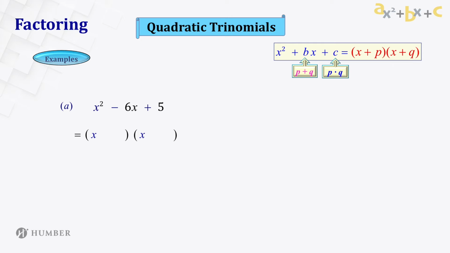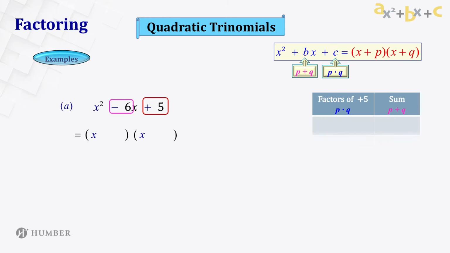In this case, the product pq is plus 5, and try to find p plus q equal negative 6. First, try to find the factors of 5. Since the sign is positive, both numbers must have the same sign.